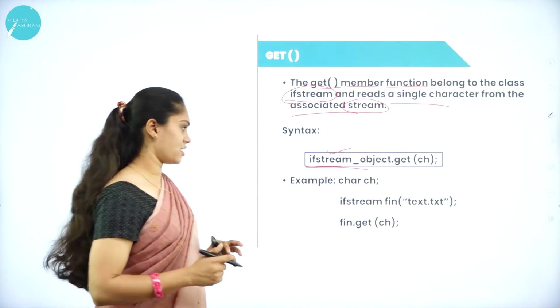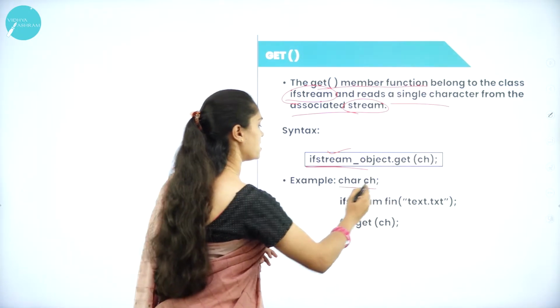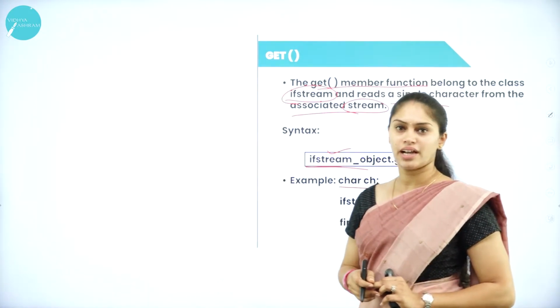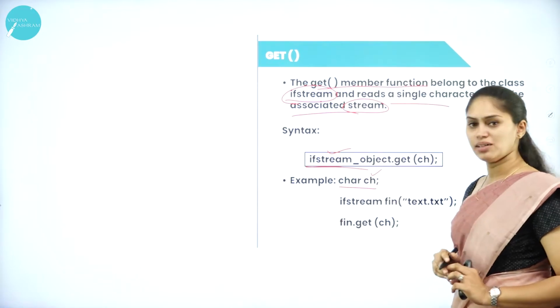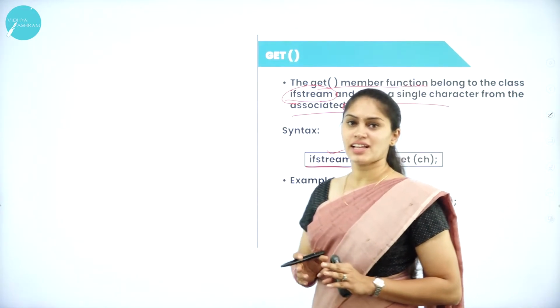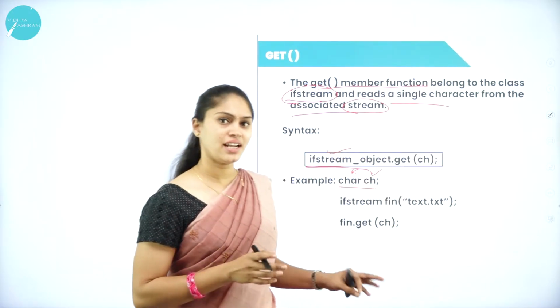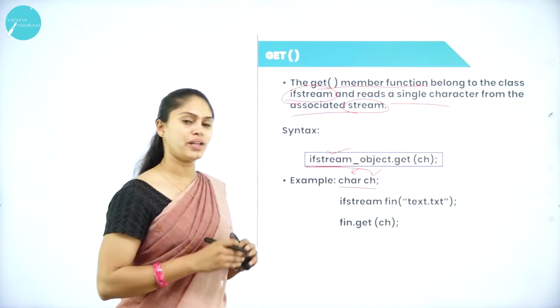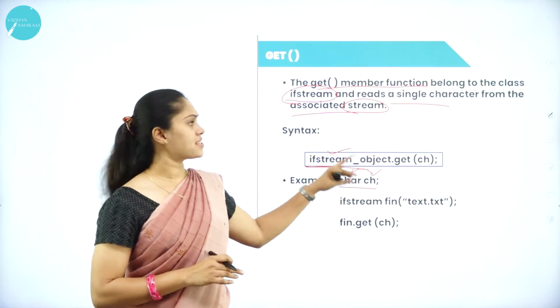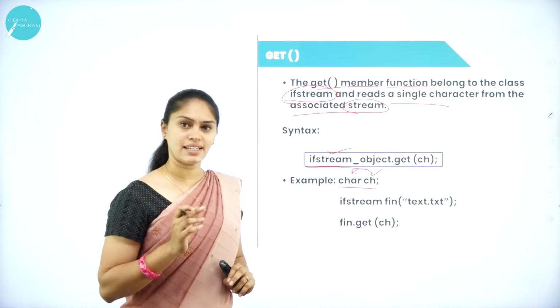Here ch is the variable name, which is of data type char. Within the get member function, I need to send one parameter, that is char ch, which will read a single character.